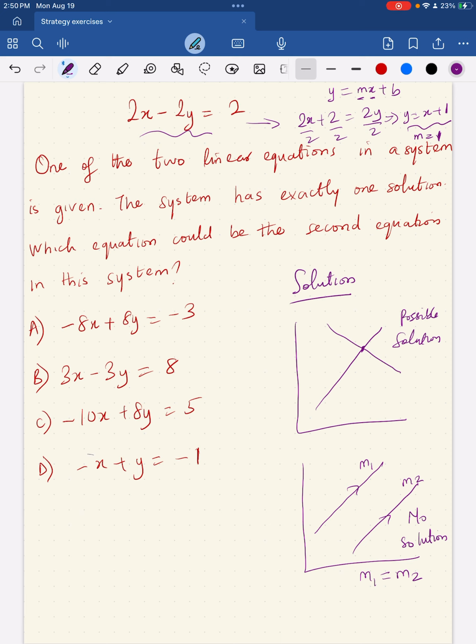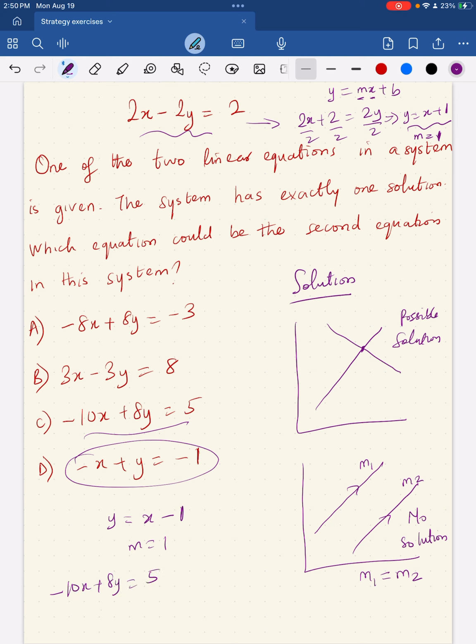If you look at this one, for example, y equals x minus 1. So here the slope is 1. So it's definitely not D. D is out of the equation. All right, let's try C. Negative 10x plus 8y equals 5.